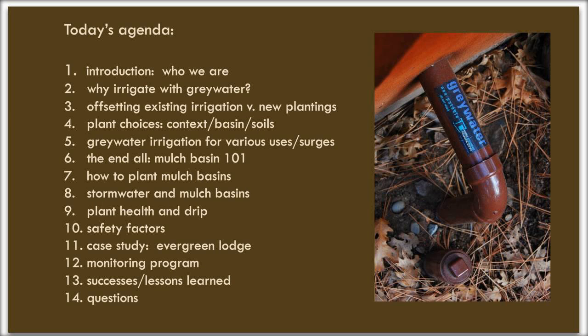We're going to go briefly over the mulch basin and how to plant a mulch basin, a little bit on whether stormwater input can affect your mulch basin, and lightly touch on plant health and drip irrigation, and the safety factors therein. And Laura's asked us to go over a case study of Evergreen Lodge, which is up near Yosemite, and the monitoring program. From that, we've learned a lot of lessons, and we have some successes, too, we want to share, and then we'll take even more questions if we have time.